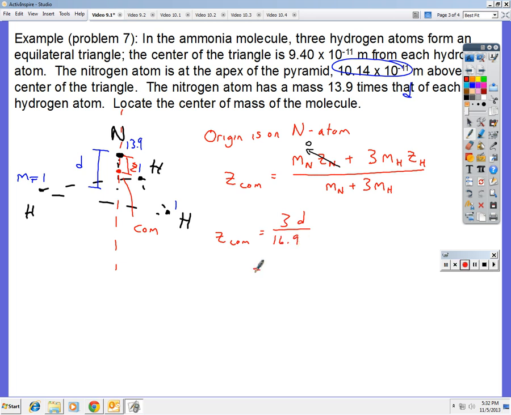Using the value of d that we're given in the problem, that tells us that the center of mass is 1.8 times 10 to the negative 11 meters below the nitrogen atom. And that is how you do center of mass calculations. Very important that you understand the concept. AP won't ask you to calculate it a whole lot, but you need to understand what it is.